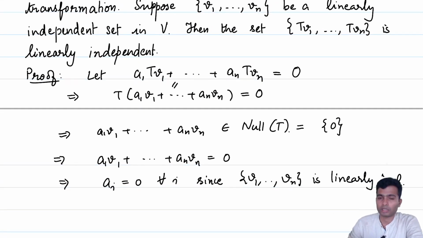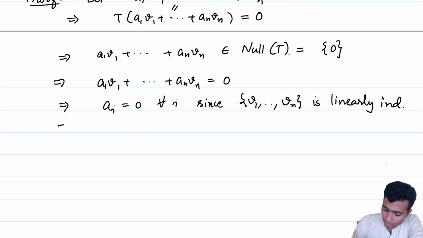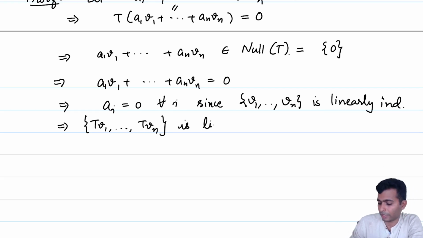Remember, we started off with a linear combination of Tv1, Tv2 up to Tvn, which is equal to the 0 vector, and we have now established that all the coefficients are 0. So Tv1 up to Tvn is linearly independent.